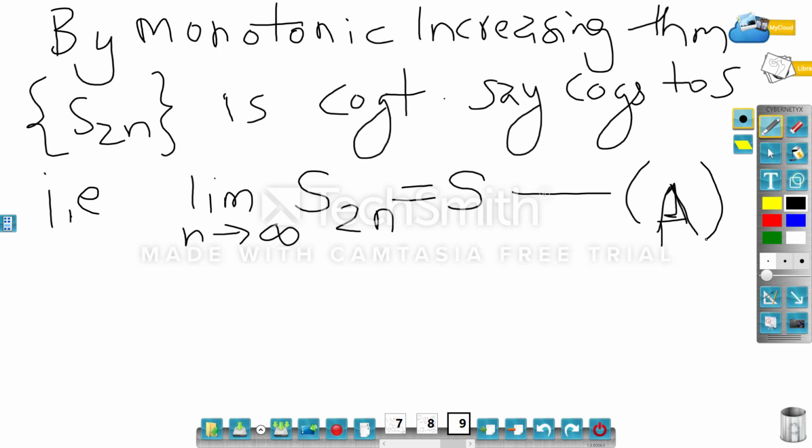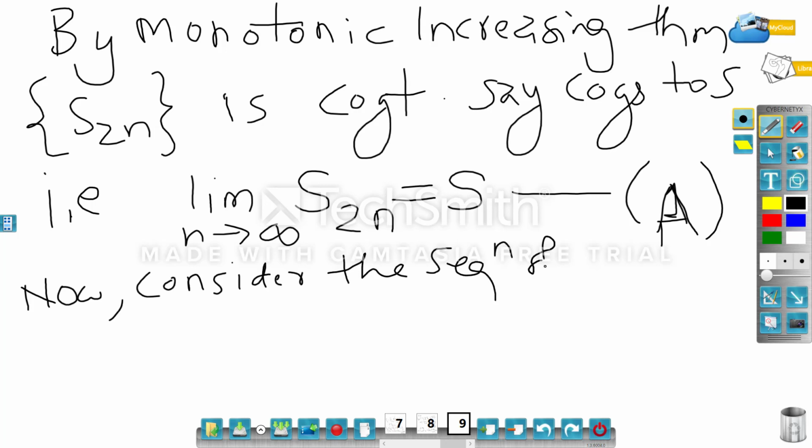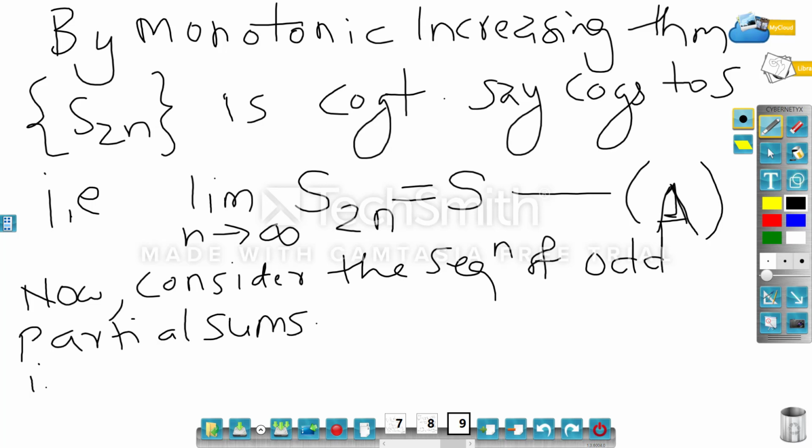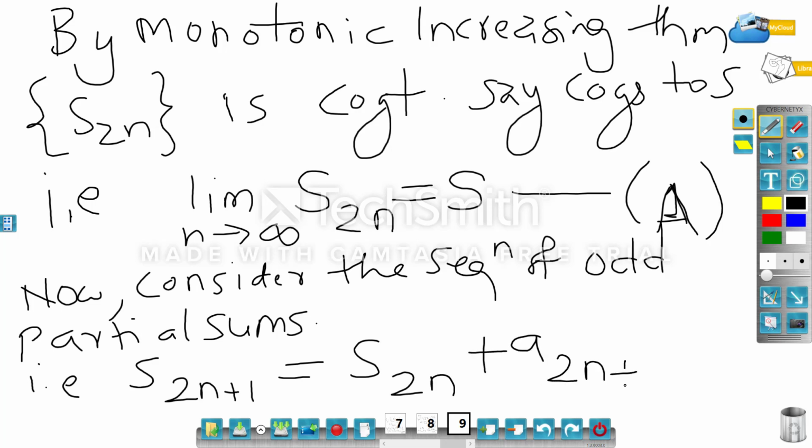Now on similar lines we will have the sequence of odd partial sums. Consider the sequence of odd partial sums, that is S of 2n plus 1, which is the same as S of 2n plus a of 2n plus 1.